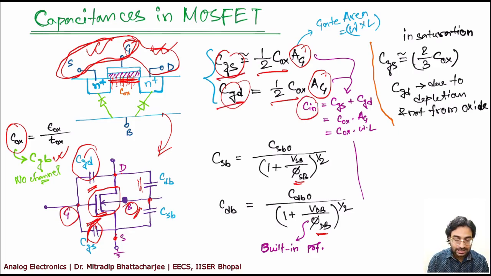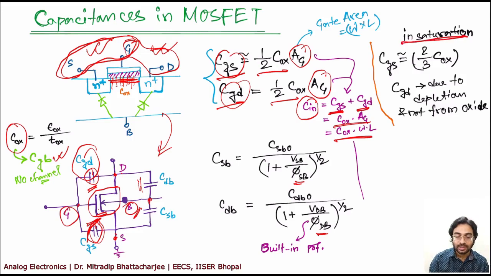The total Cin is basically the summation of both, because these two are in parallel. When capacitances are in parallel, you do summation of the capacitances. So you are actually getting Cox into Ag, so Cox into W into L.